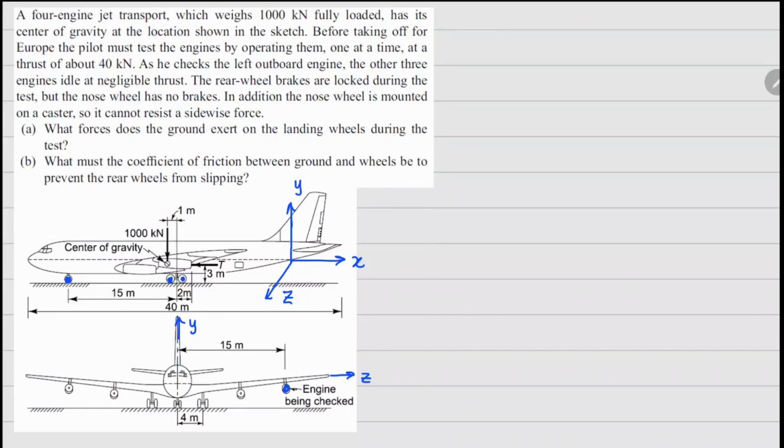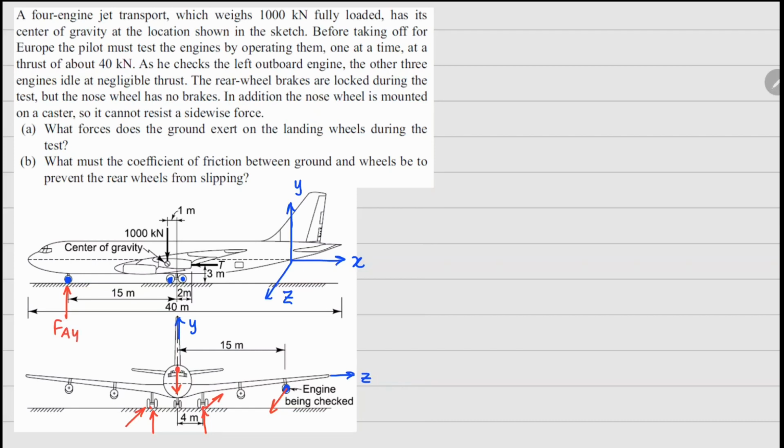Now looking at the forces, there will be a normal force here, normal force here, normal force here, a thrust pointing here which will be in the negative x direction, and your weight will be acting downwards there. Now on these two wheels we are expecting frictional forces here, so these frictional forces will be this way. So I can name these.